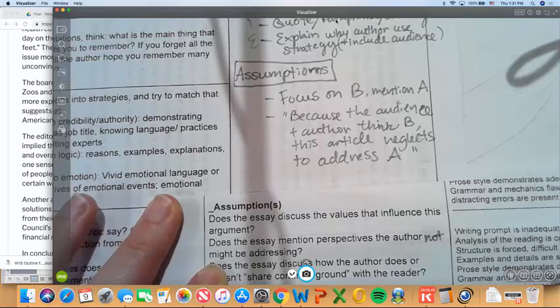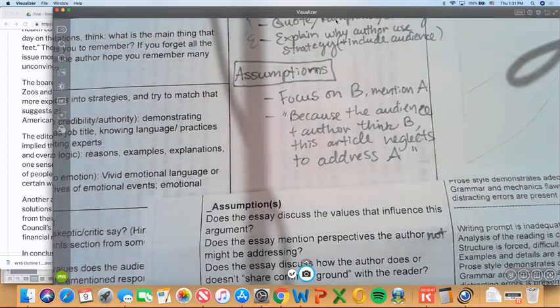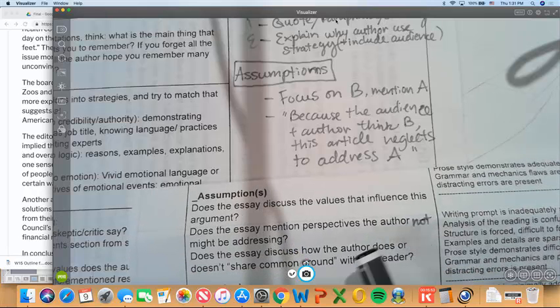So again, you have to think about what the author is not saying, or who is not their focus, who they might be alienating. Any questions about that part?